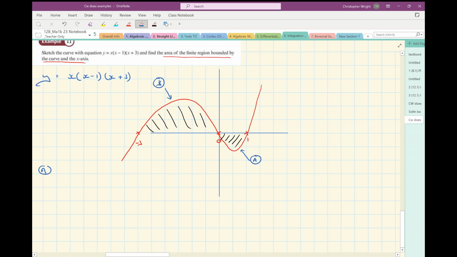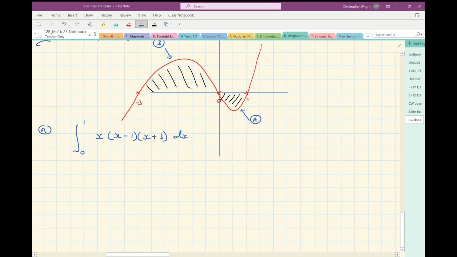Right, now area A, the area of that, well, I'm going to need to evaluate the definite integral between 0 and 1 of the function that I have here. Okay, so let's get on and do that. So before I start, let's multiply out these brackets. So now I have x lots of, that's going to be x squared plus 2x minus 3.